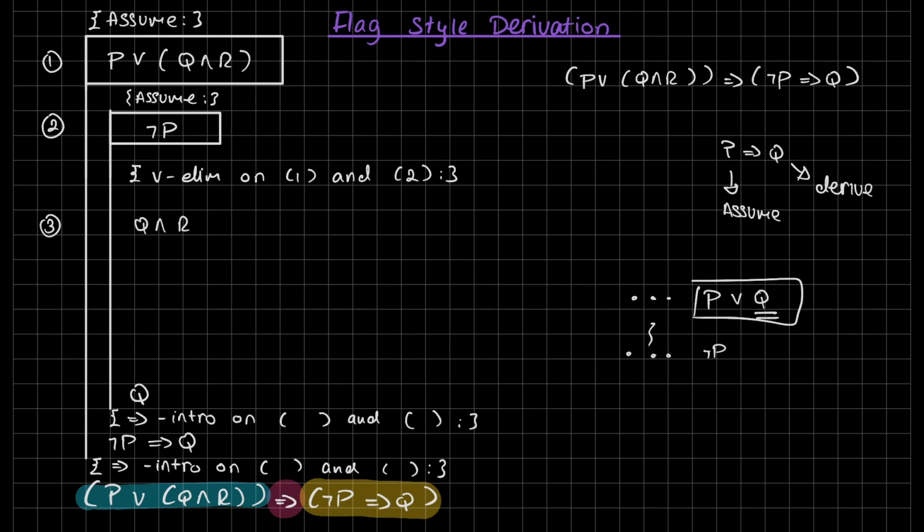So what we're going to do is just simply use and elim, and that's on line 3. We don't use any other lines, so we just use line 3. And we don't write anything else, because when we do and elim, that means that we know that Q is true.